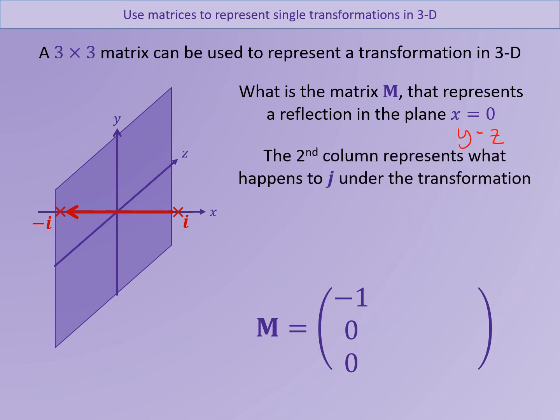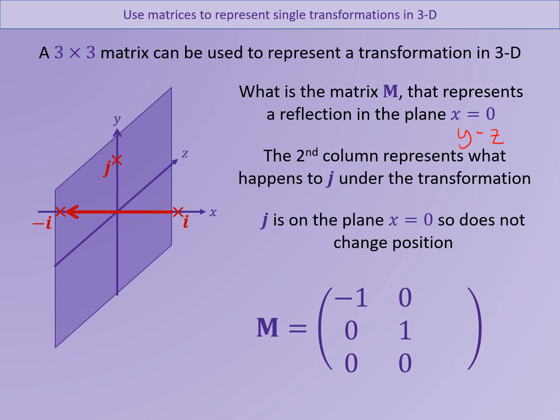Now the other point, so we need to take a look at J. And J would be 1 up on the y-axis. So where would this be transformed to? If J is lying on that plane x equals 0, then there is no reflection, it doesn't move. So it does not change its position. And so the column vector that represents this is 0, 1, 0.